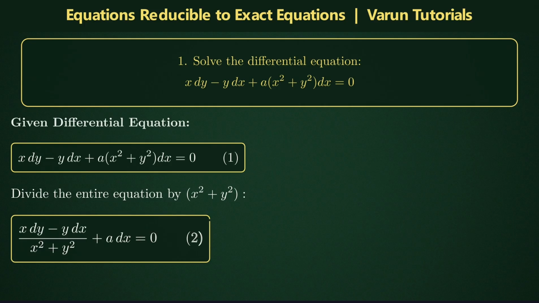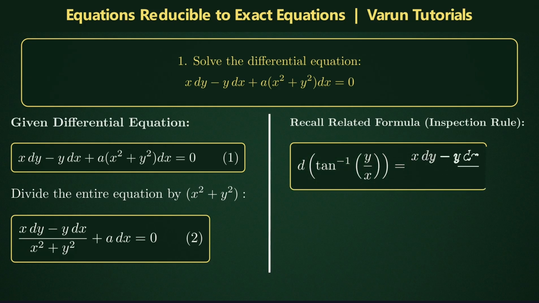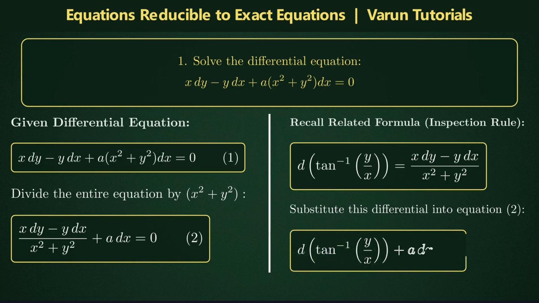Let's recall the related differential formula from our inspection rules. The differential of inverse tangent of y over x is exactly equal to x dy minus y dx, over x squared plus y squared. Now we substitute this differential back into our equation. This simplifies the equation beautifully to, the differential of inverse tangent of y over x, plus a dx, equals 0.